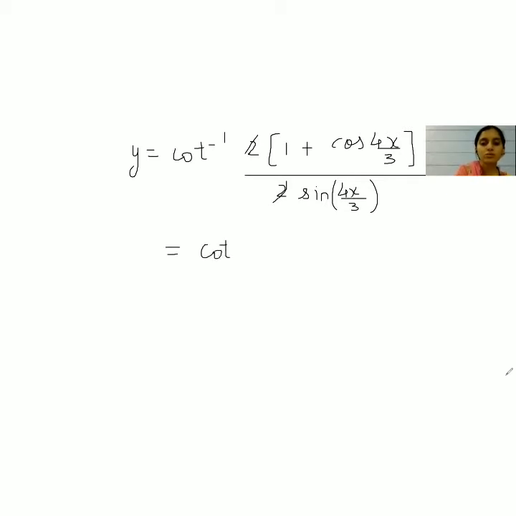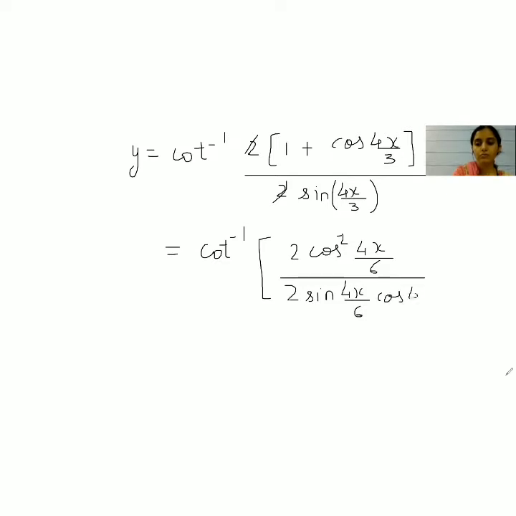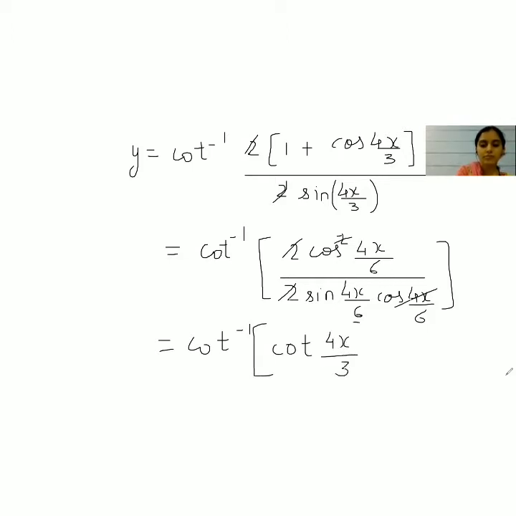So cot inverse of 1 plus cos theta, that is 2 cos square theta by 2, so 4x by 6, divided by sine theta, which can be written as 2 sine theta by 2 cos theta by 2, that is 4x by 6. Cos cancels out. We are left with cot inverse of bracket cot 4x by 6.